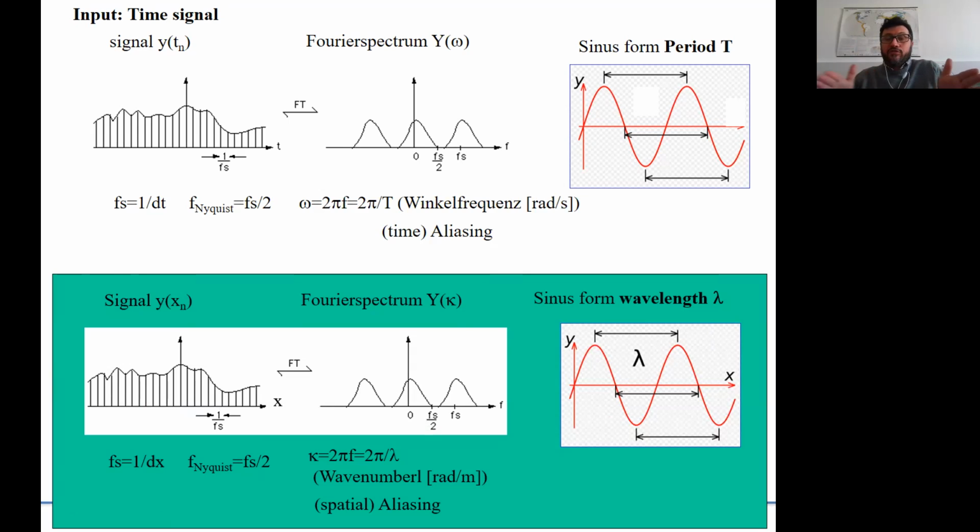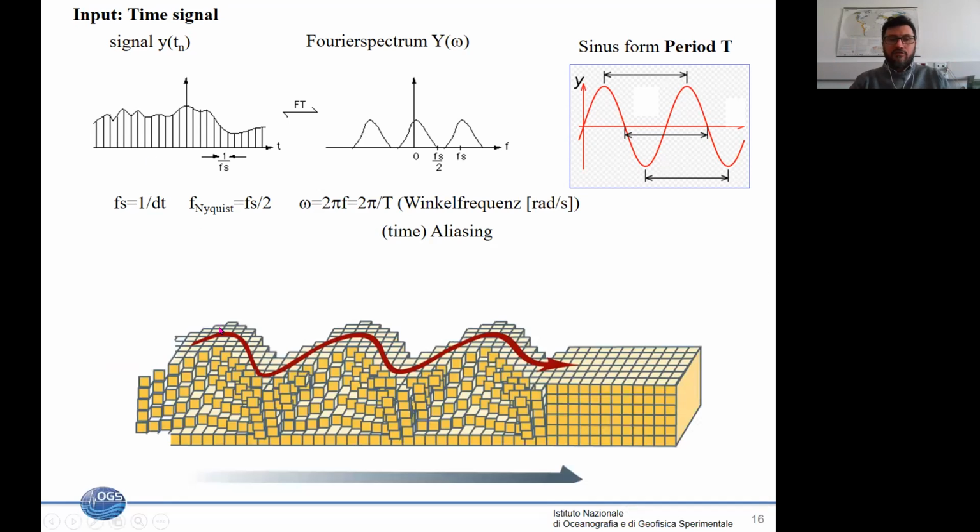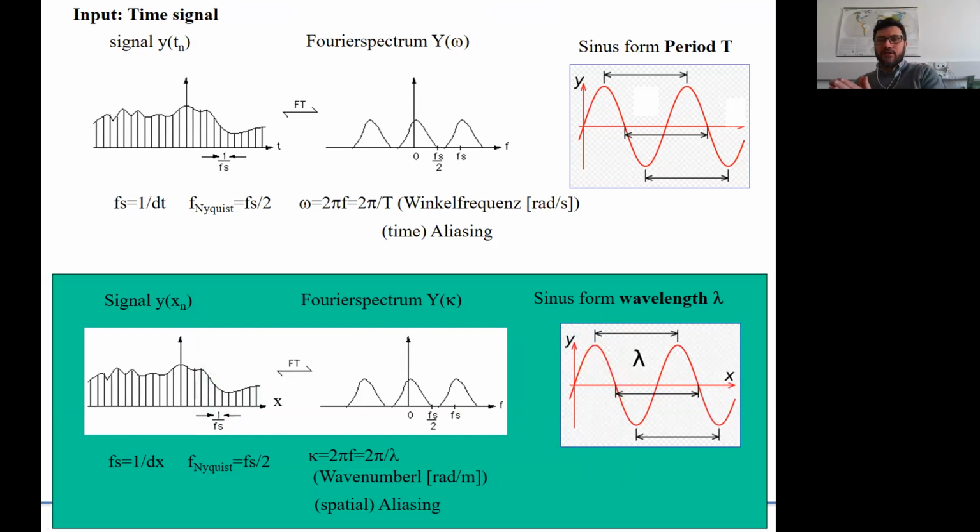It means if your sensors are too far away, like in the case of sampling in the time domain, you can have aliasing because you are not able to correctly retrieve the movement of the ground. Just imagine you have one sensor here, one here, one here, you will have nearly a straight line. So the same aliasing that we have in the time domain, we have in the space domain.